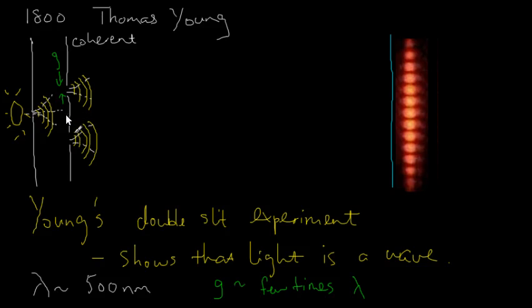So let's say this spacing here, I'll call this distance A, and let's say this distance is about 1 millimeter. And let's say I have a big distance here of maybe 1 meter. I'll call this distance capital D.